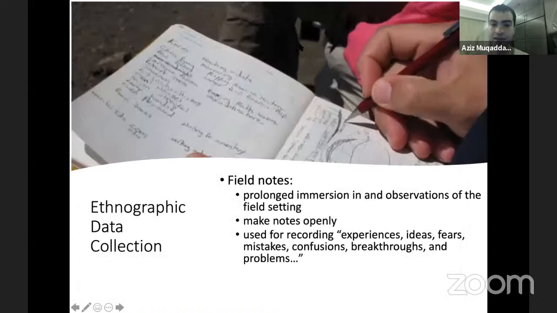As for the data, the idea of field notes is that you immerse yourself within that environment and you take notes, and those notes are open and they cover everything. Because it's based on an immersive experience, even the feelings and reactions of the researcher, him or herself, would be recorded.